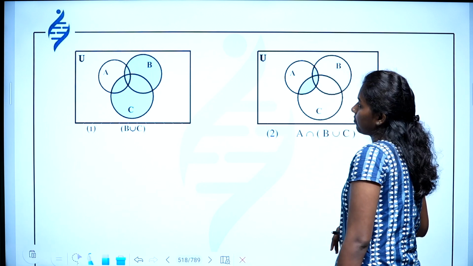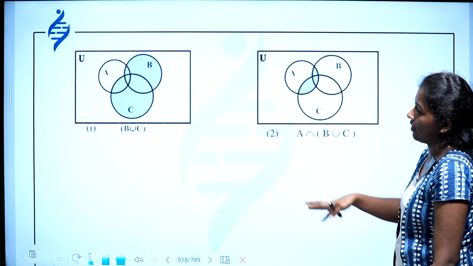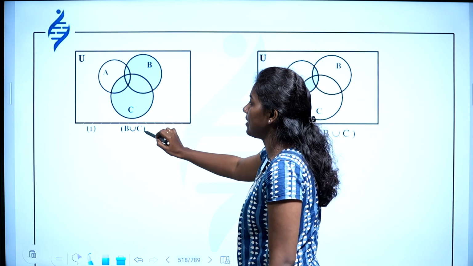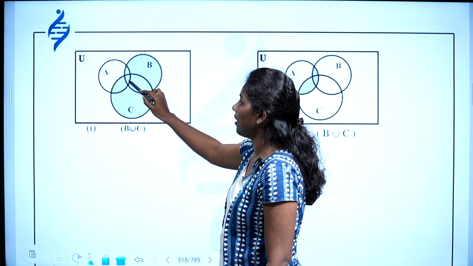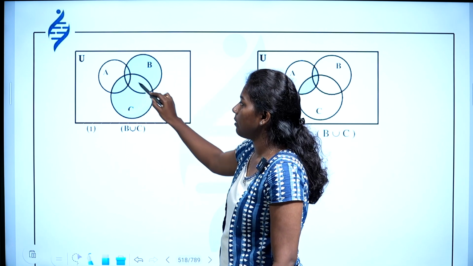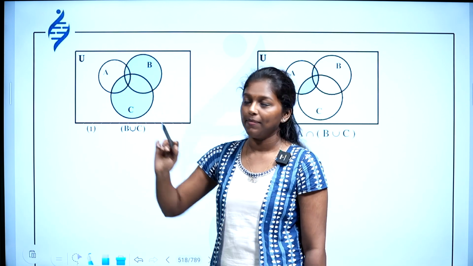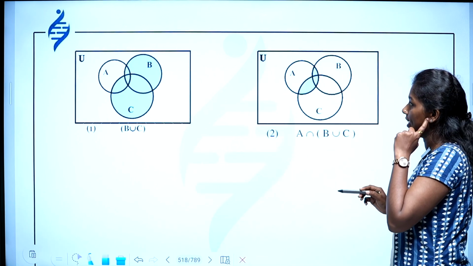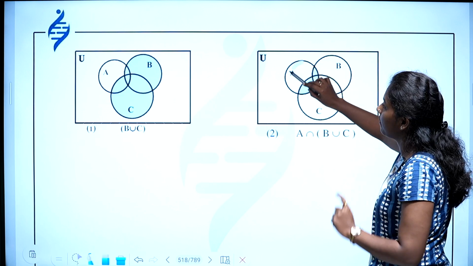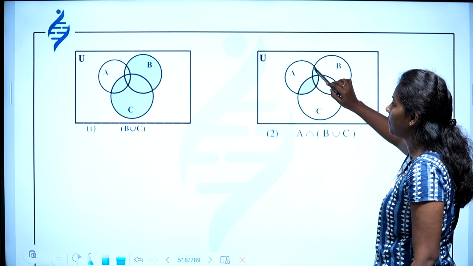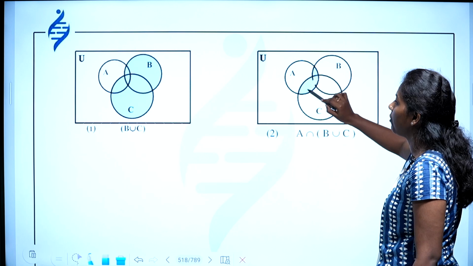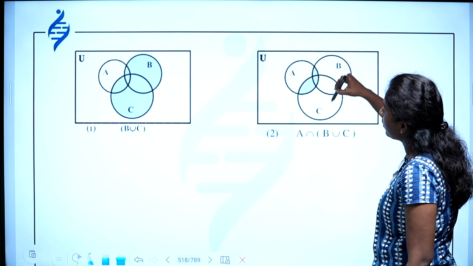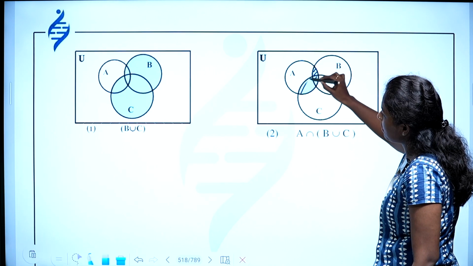In this figure, the colored portion implies B union C. B union C means you have to take all the elements in B and all the elements from C. So this is B union C, and this is A intersection (B union C). Taking intersection with A means those elements common to A and B union C. A and B union C have only these elements in common.